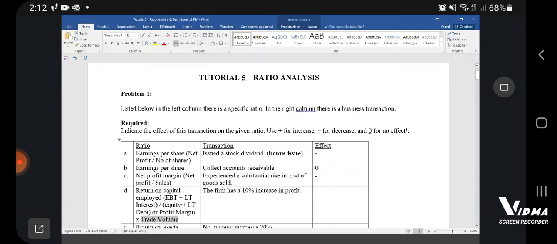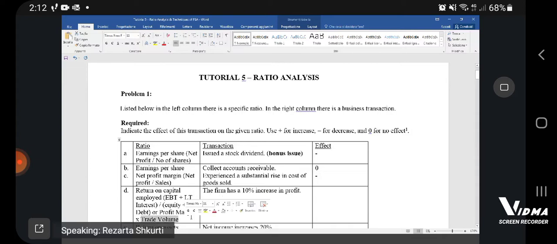Can you decide that? Feel free. I'm saying that we know the profit margin is increasing by 10%, right? Do we know anything about the trade volume?